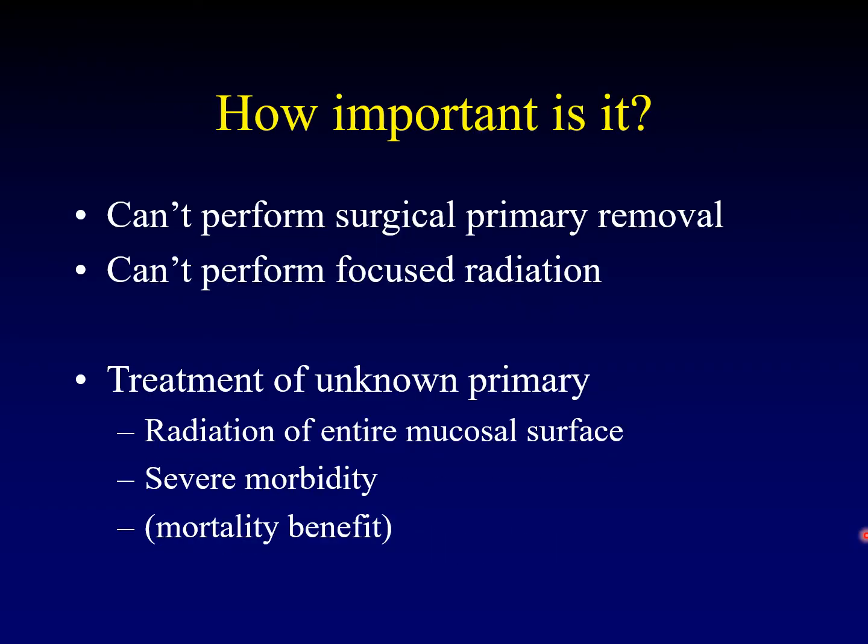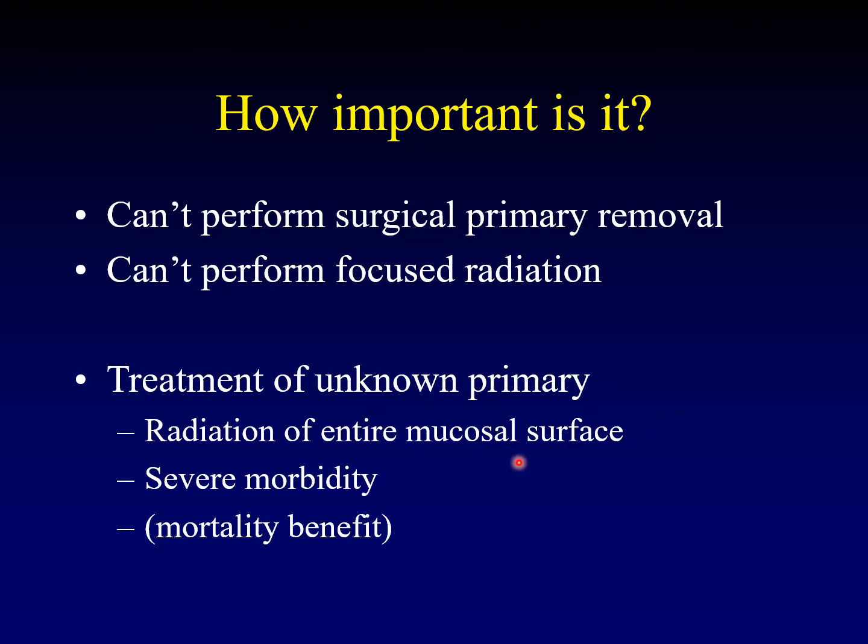So how important is it to identify an unknown primary tumor? Well, obviously you can't perform a surgical resection of the primary tumor if you don't know where it is, and you can't perform focused radiation if you wanted to treat it in that way. So what do we do? Well, unfortunately, the treatment of an unknown primary has very high morbidity. We end up radiating the entire mucosal surfaces that might have given rise to this tumor.